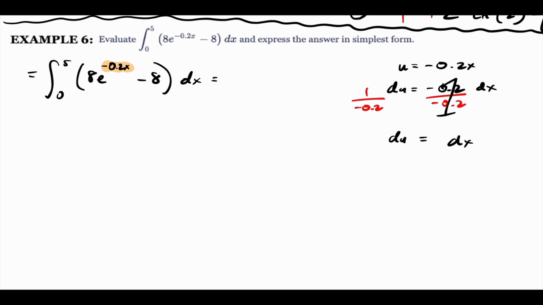So it's really 1 divided by negative 1/5. When we're dividing fractions, aren't we really multiplying by the reciprocal? So instead of negative 1/5, it's going to be the reciprocal of that, which is negative 5.